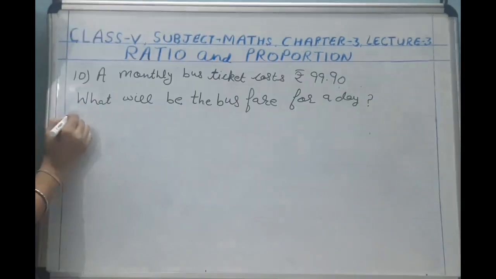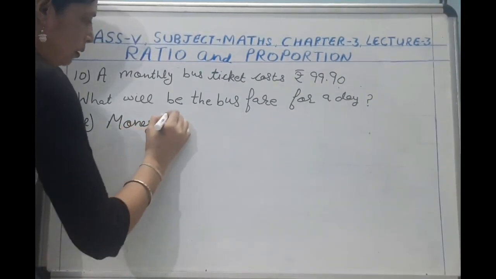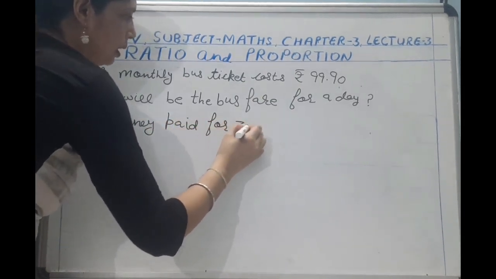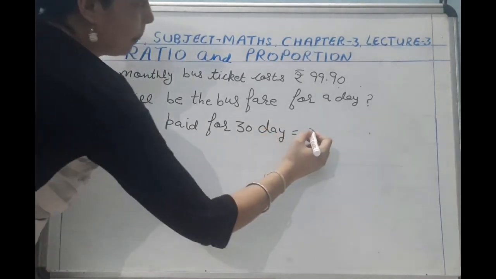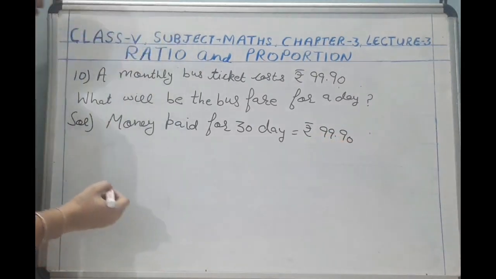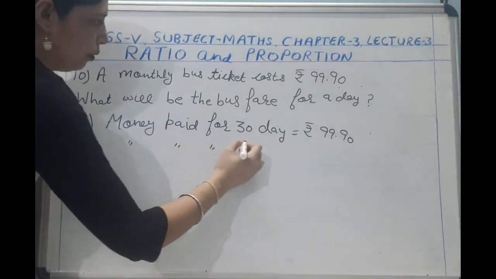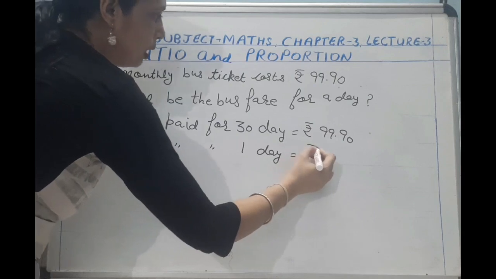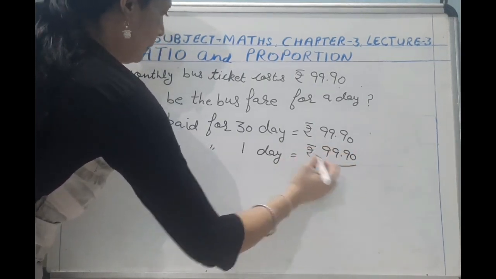So let's start with money paid for 30 days. 1 month is equal to 30 days. Rupees 99.90. Okay. Money paid for 1 day. 1 day का जो फेयर है वो लेस होगा. So rupees 99.90 divided by 30.